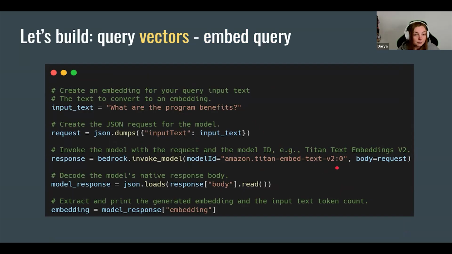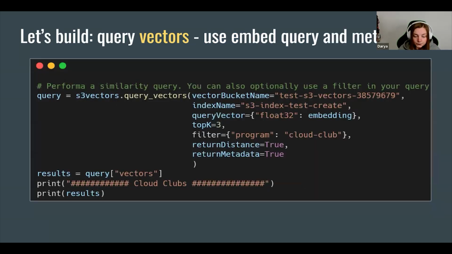Again, using the same embedding model, I'm transforming this question into embeddings. And then I am basically querying my saved vectors. And you can see that I'm doing the filtering with the metadata. For this example, I want to include only results about Cloud Club Captains.